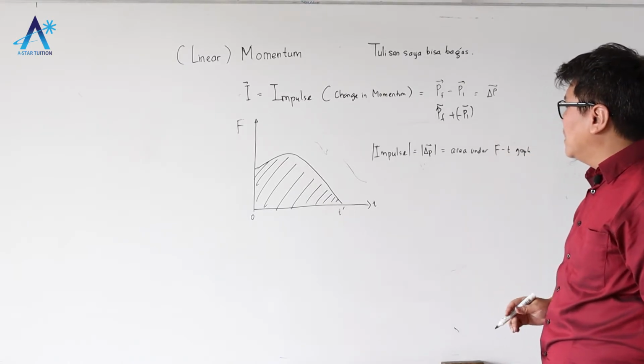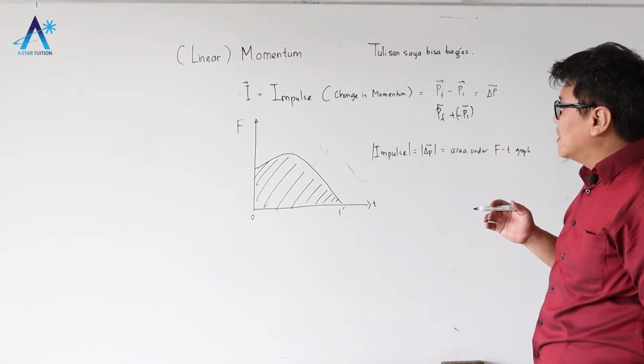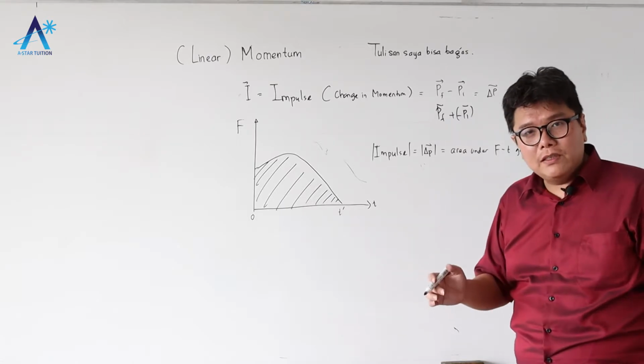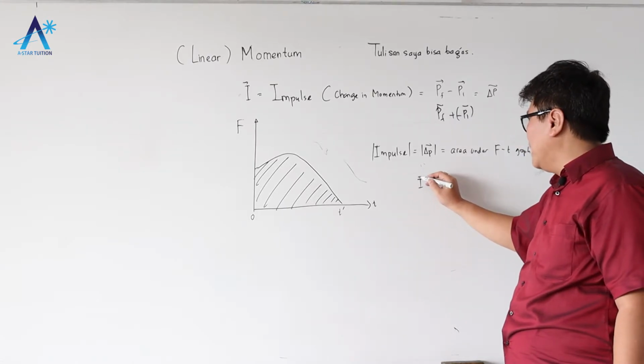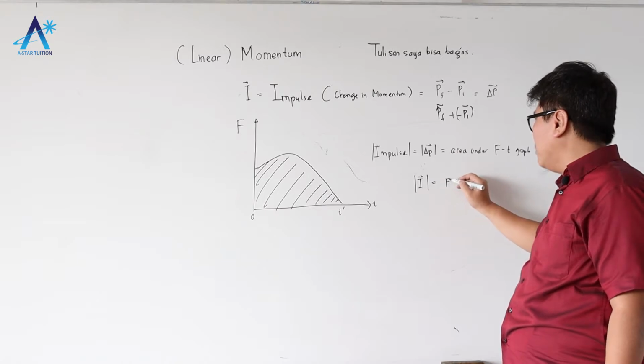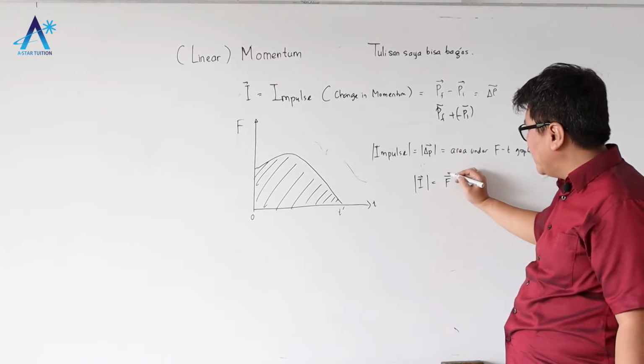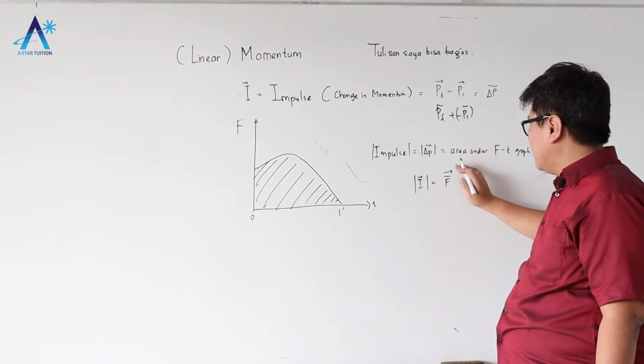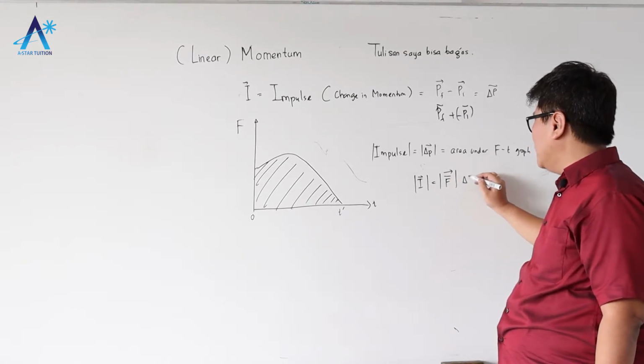Now, if the average force is given, then you can calculate the impulse by average force times delta t.